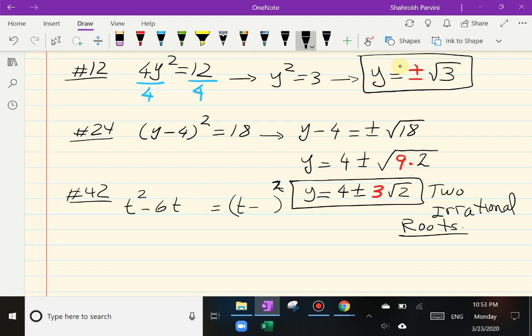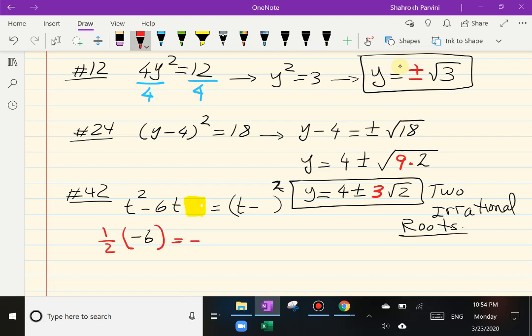Okay, now remember the process how we did this. The number that goes in here, the constant, is going to be what? It's going to be half of this number. So it's going to be 1/2 of negative 6. True?